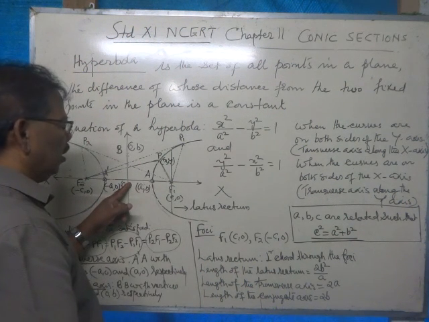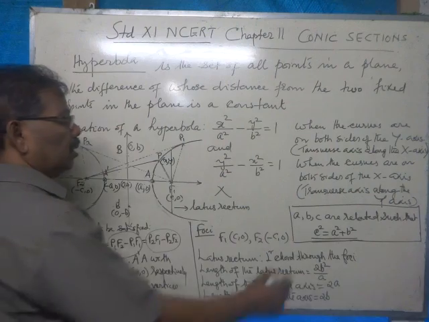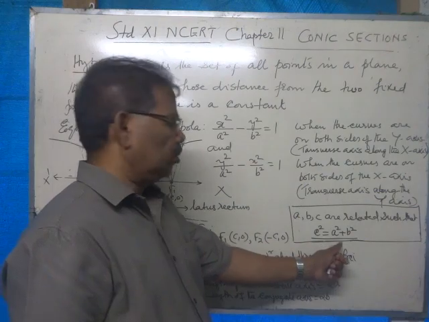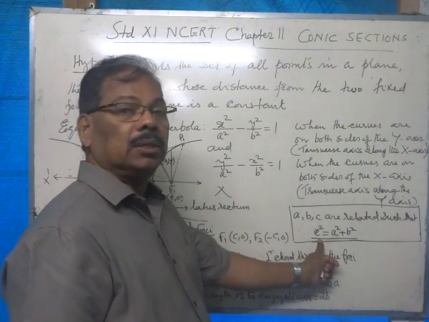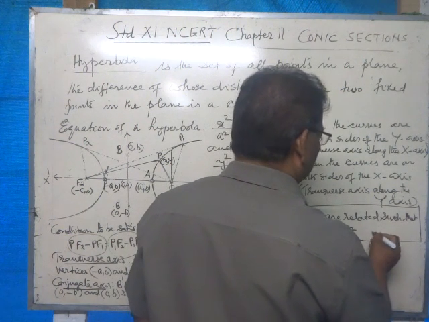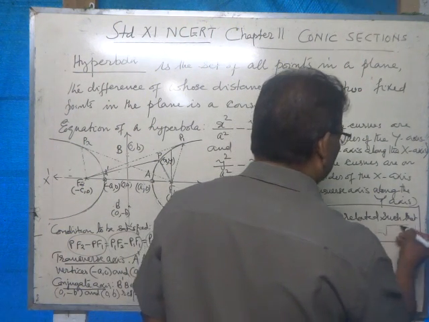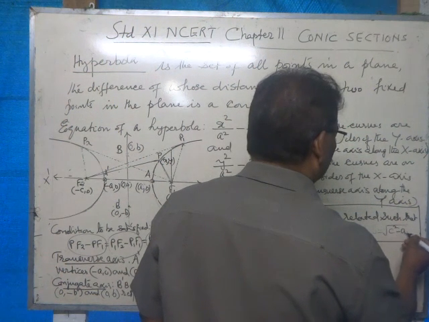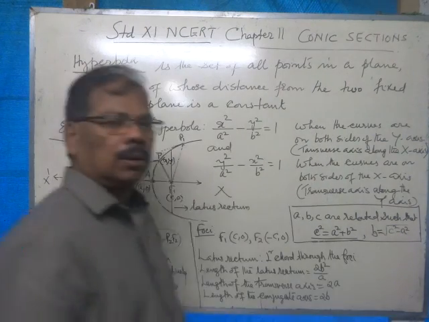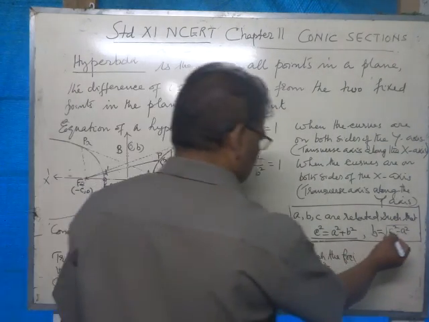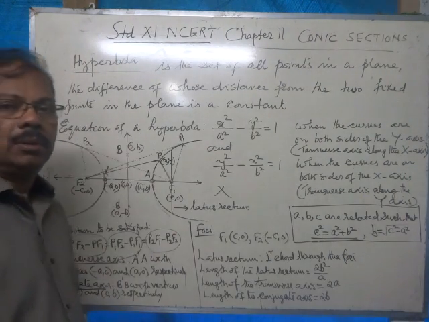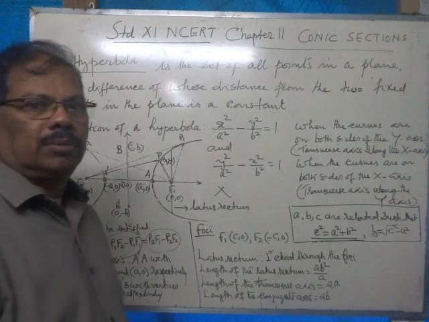Then we get b satisfying this condition: c squared equals a squared plus b squared, or b equals the square root of c squared minus a squared. Now B'B is named the conjugate axis.